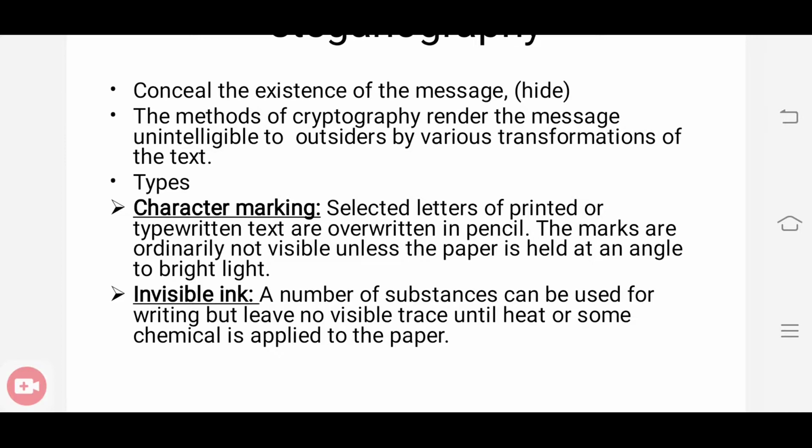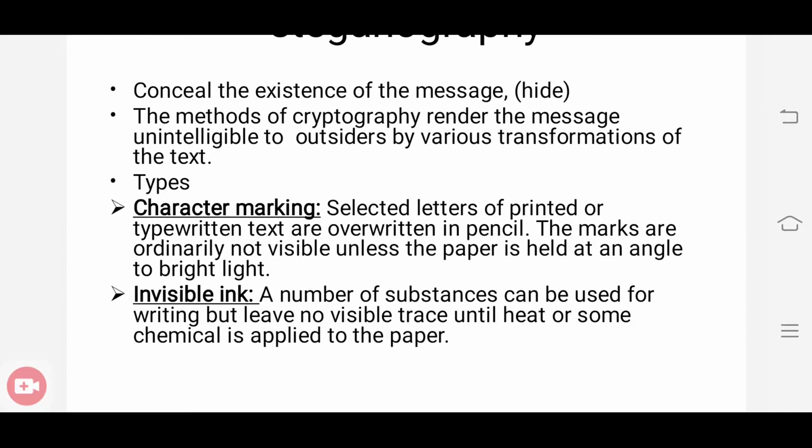And the next case is invisible ink. We can use some invisible ink to write the original message. It is not visible to users until we apply some heat or some chemical to that paper. They are visible only after applying some heat or some chemical. That is the second mechanism, invisible ink. Clear?